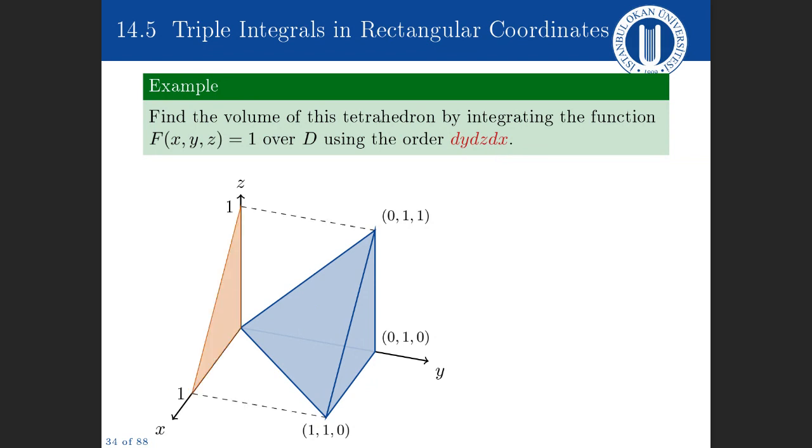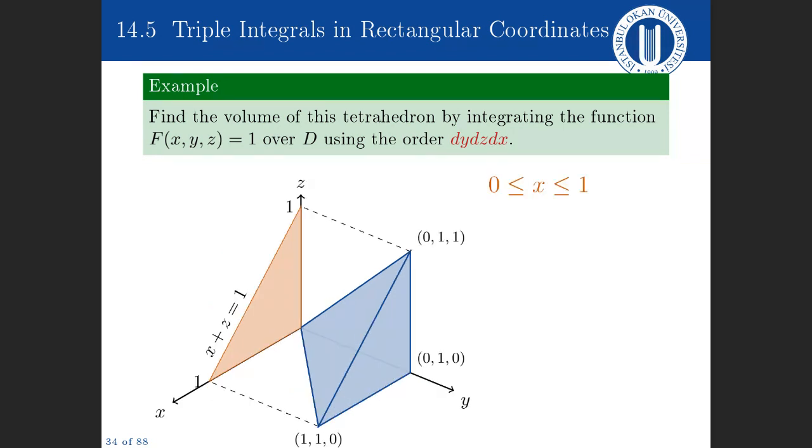Here it is. We rotate this around a little bit. What are the x limits in this orange triangle? x goes between 0 and 1. What are the z limits? Between 0 and 1 minus x.